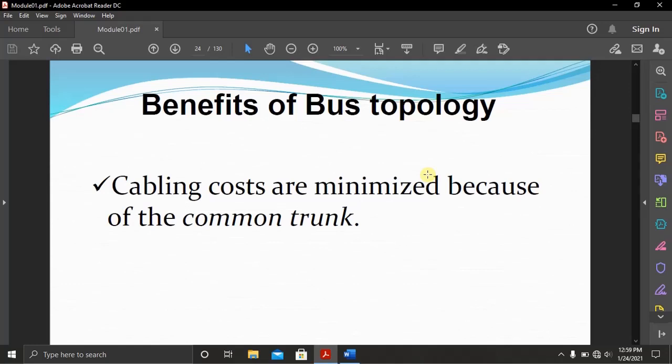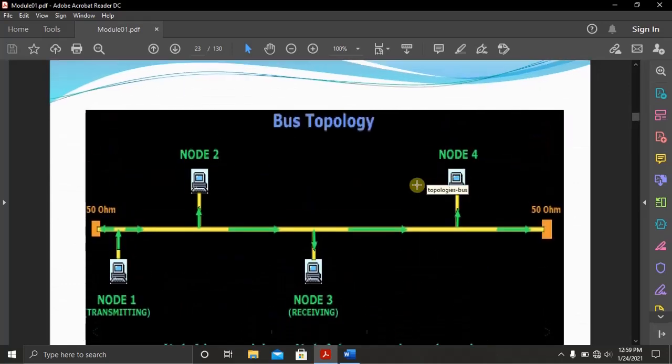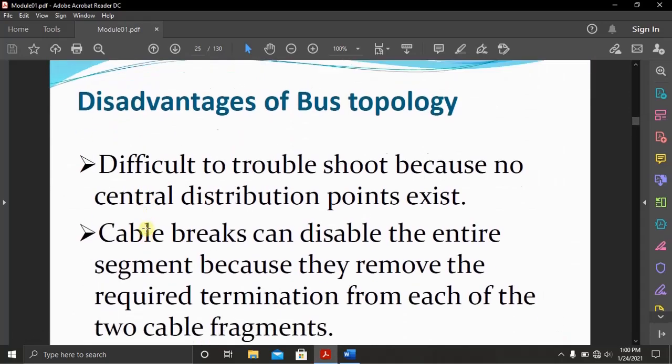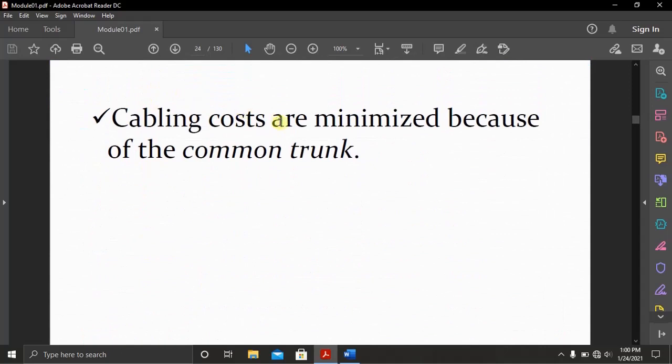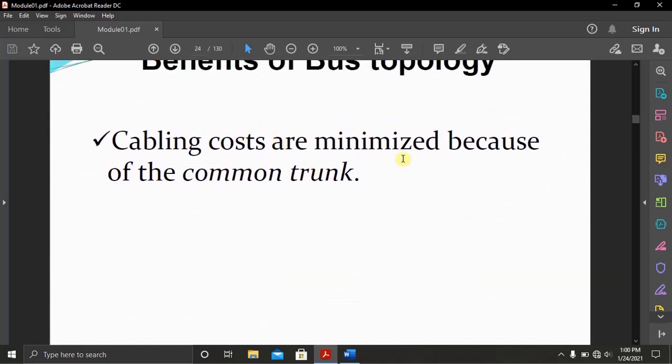Cabling costs are minimized because of the common trunk. Only this main cable runs from this end to the other end, and the other computers are attached to the same cable. That's why cabling cost is minimized because of the common trunk.